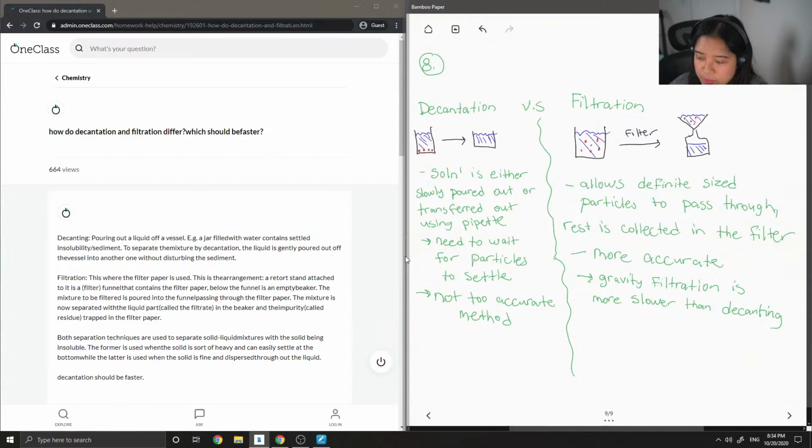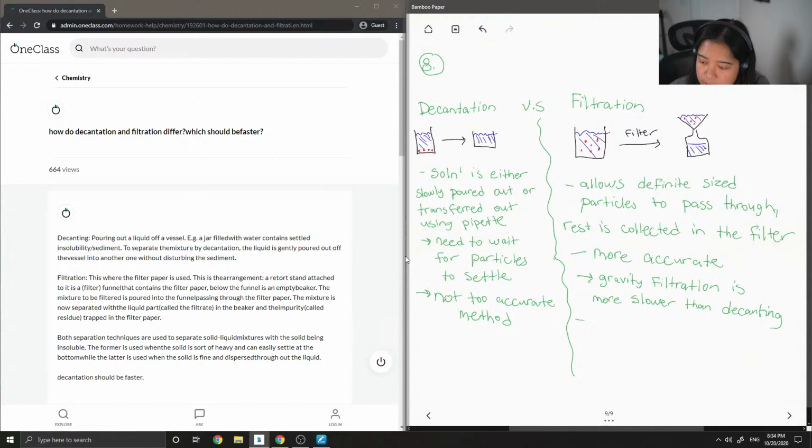You could have a filter paper that has really small pores, and sometimes it would take forever for the solution to even pass through it. But if you had a filter paper with larger pores, it wouldn't take so long. So still, gravity filtration is much slower than decanting.